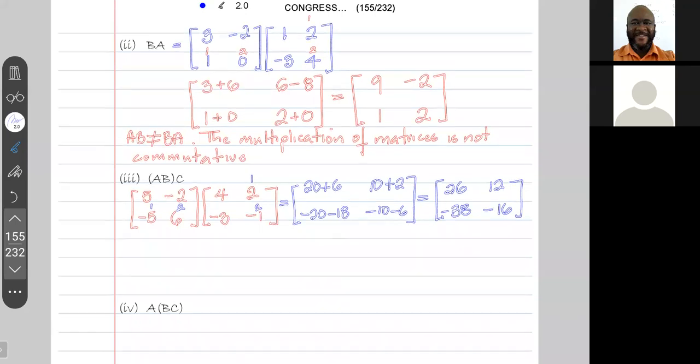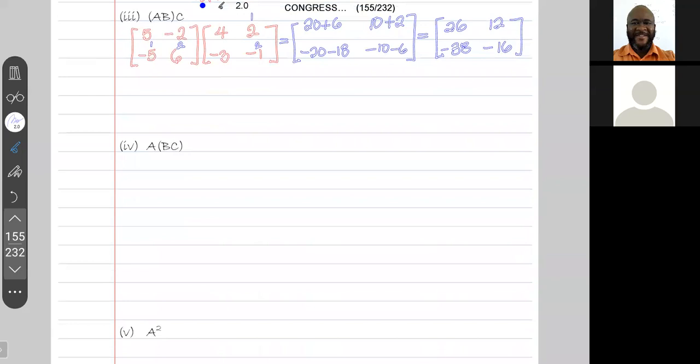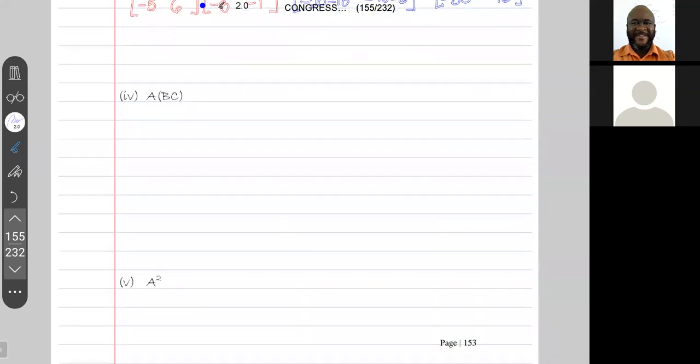All right, so next we're going to do A multiplied by BC. Now, the A multiplied by BC is telling me that we have to multiply B by C first. So let's do BC.